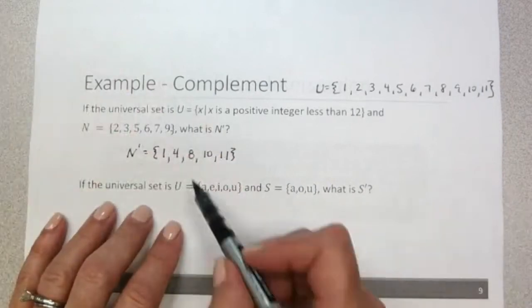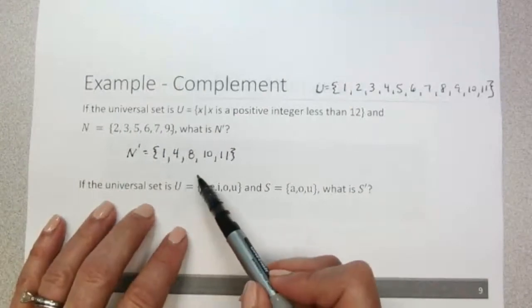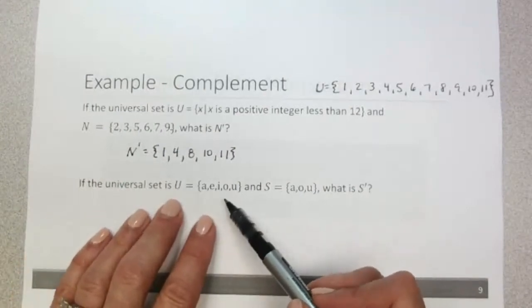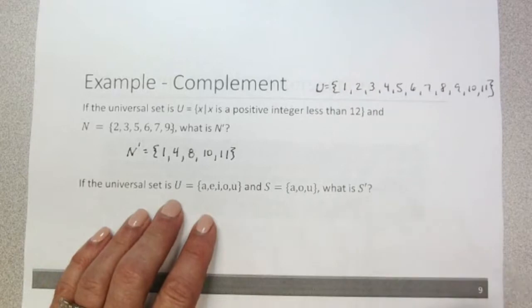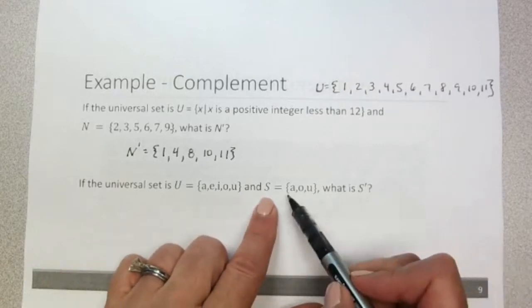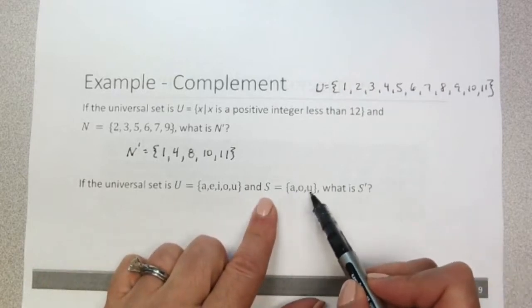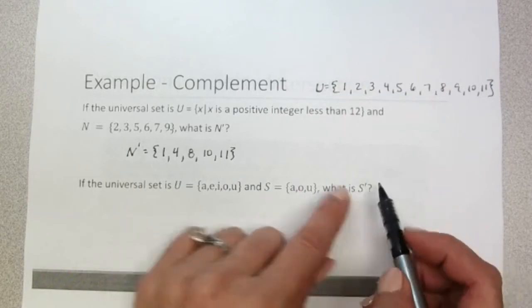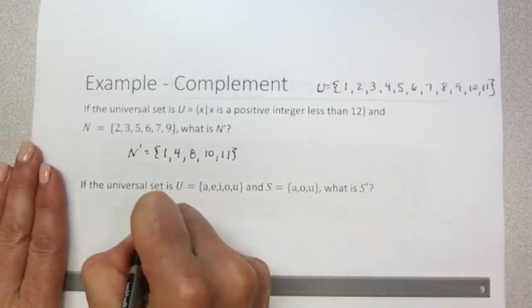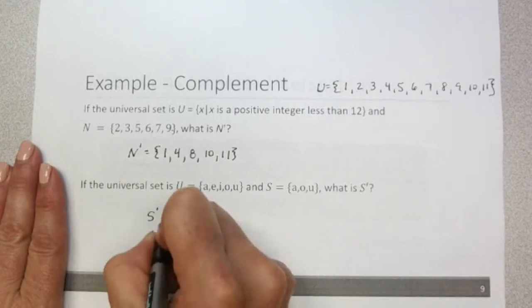In the second example down here, if we have a universal set that's defined as all the vowels, or A, E, I, O, and U, and S is defined as A, O, and U, what is the complement of S, or S prime? I'll give you a minute to write that down on your own.